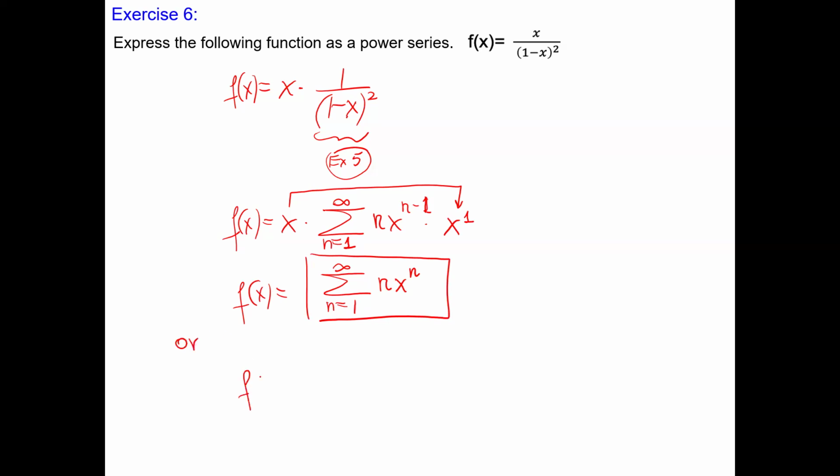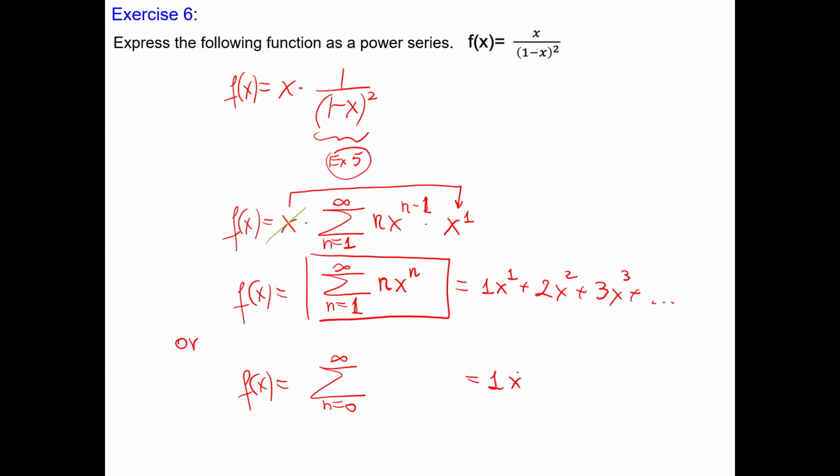Or if we like to re-index, let me cancel this one. We will start from 0. That means the coefficient n for the first term, actually I can even expand this. It will be 1 x to the power of 1, 2 x to the power of 2, 3 x to the power of 3, and so on. Now we have to have the same.